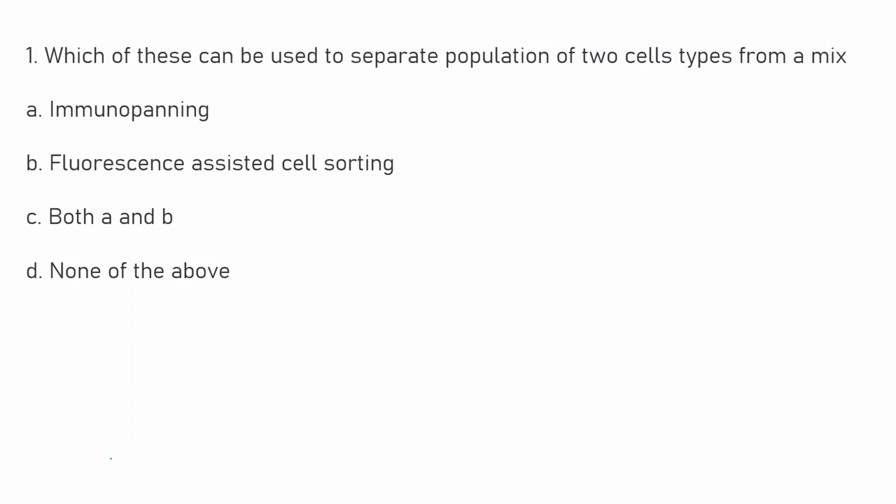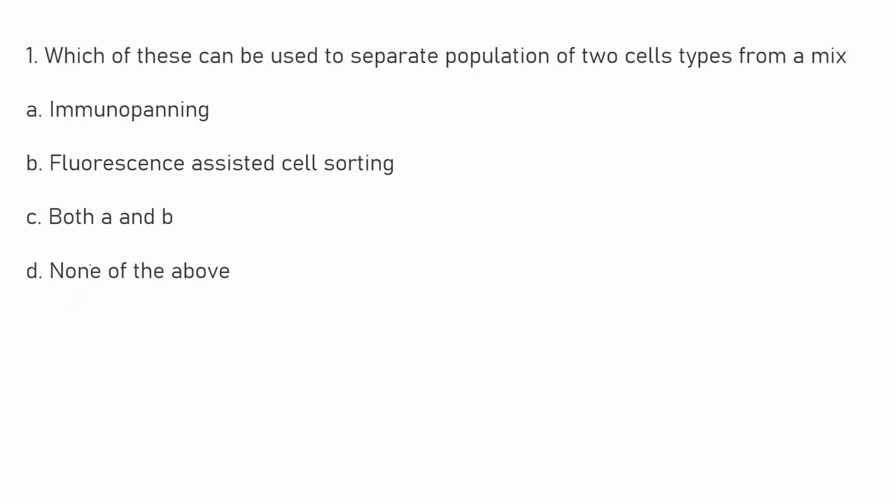The first question is, which of these can be used to separate population of two cell types from a mixture? The first option is immunopanning, second is fluorescence assisted cell sorting, third is both A and B, and the fourth option is none of the above.